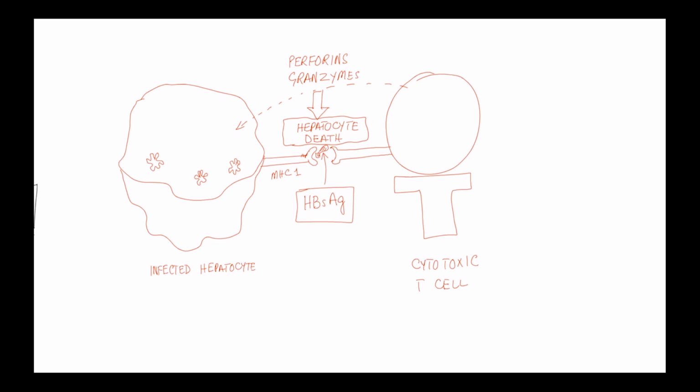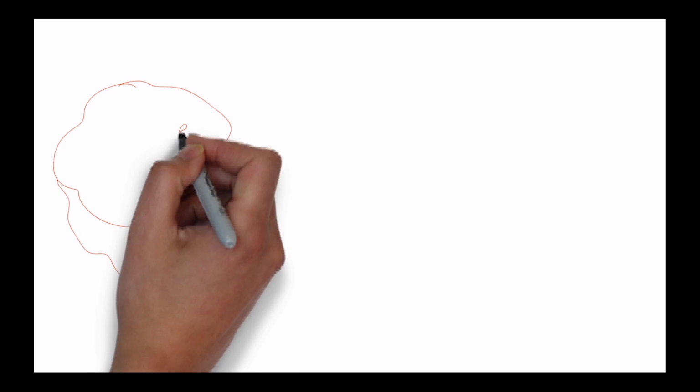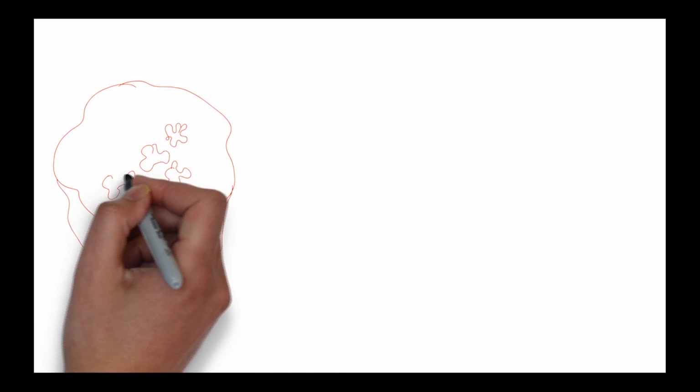Second mechanism, so our body works through both the cytotoxic and humoral responses to hepatitis B. So of course, what is a humoral response? We will produce antibodies. So antibodies to what? To the surface antigens, to the core antigens, and to the E antigens.